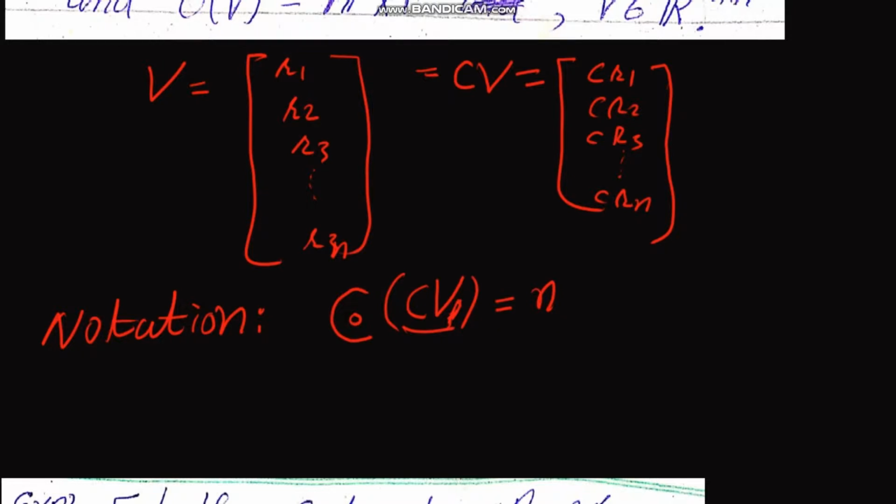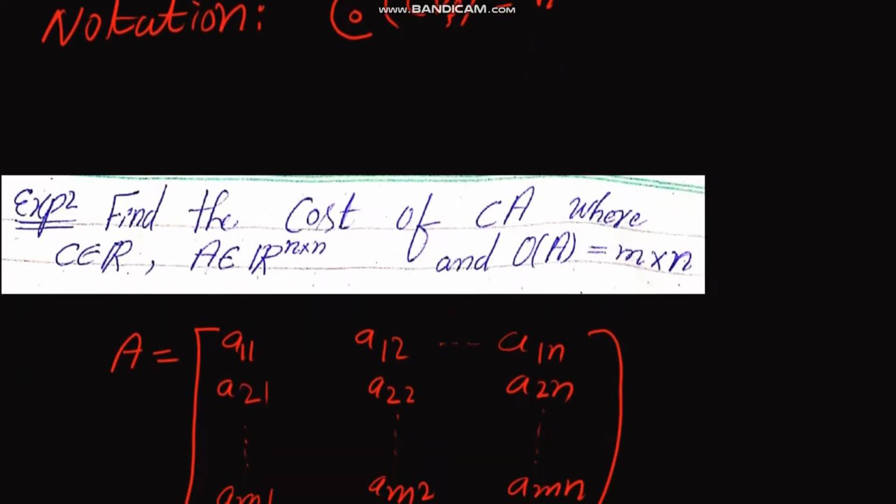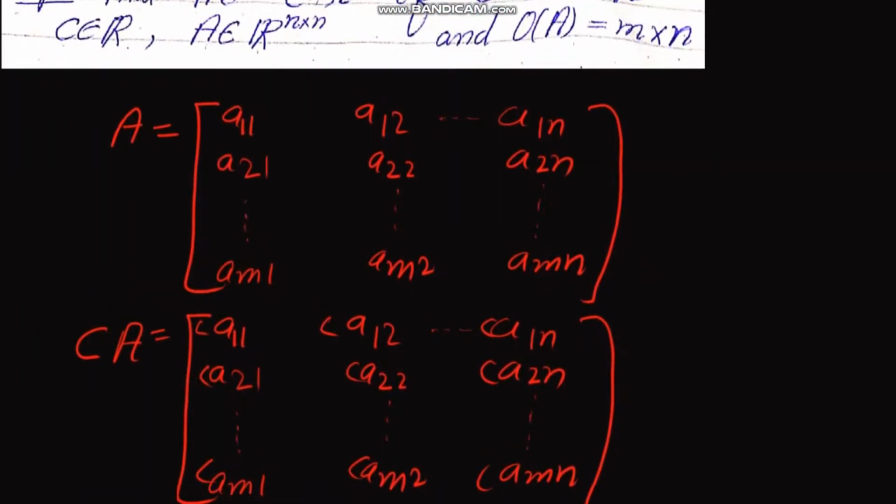Okay, now come to the next question. The next question states: find the cost of ca, where c is any real number and a is an m by n matrix, right? It has m rows and n columns. So we want to find the cost of ca. Let's see what its cost could be. So this is a matrix. It has m rows and n columns.